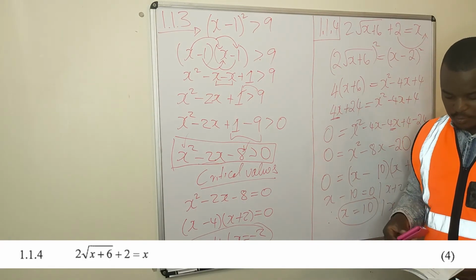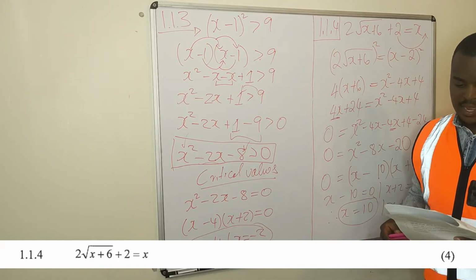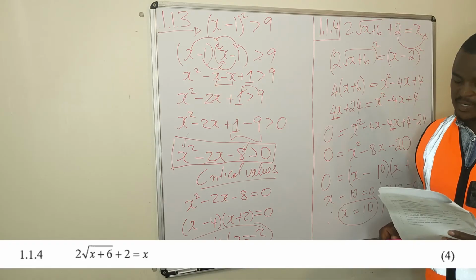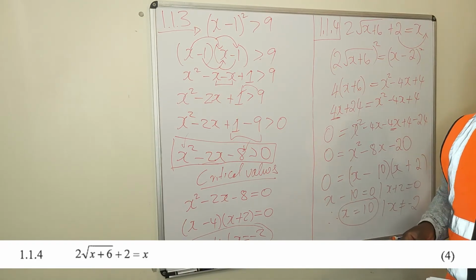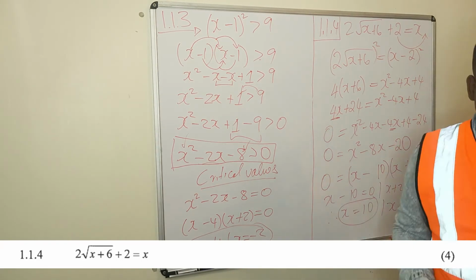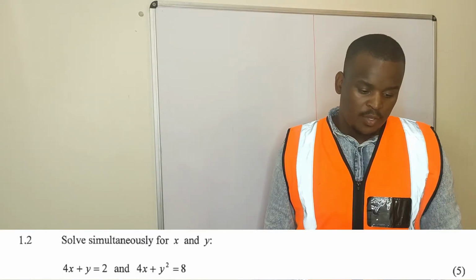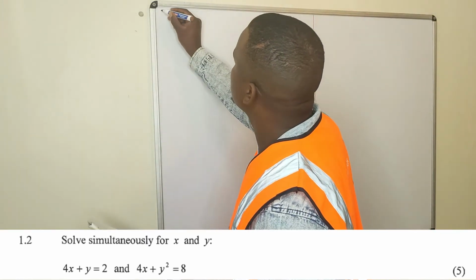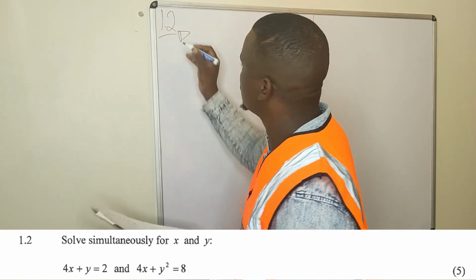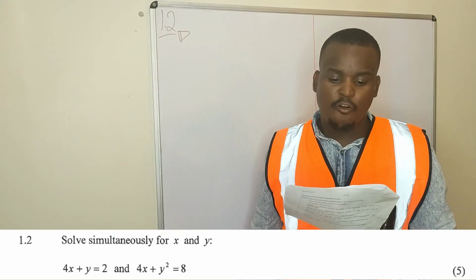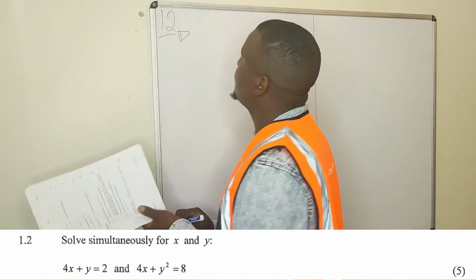So we'll continue to 1.2, which is simultaneous equations, solving for x and y simultaneously. I'll clean the board and then we'll continue. Okay, so we're going to 1.2 now, right? Solve simultaneously for x and y on this given equation.